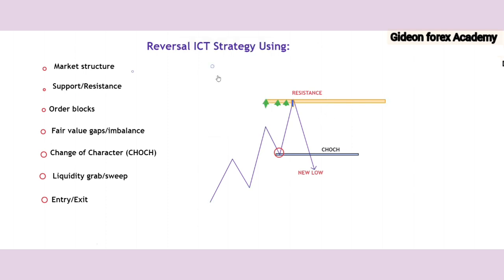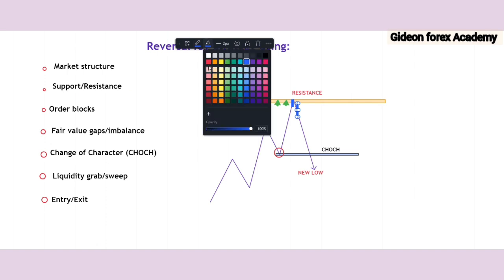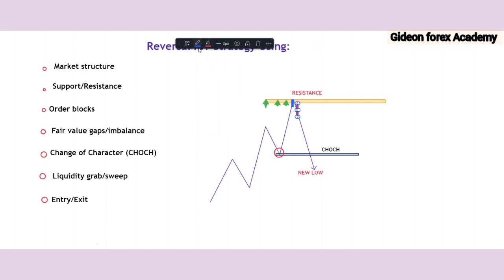It would be our last bullish candle before we see an impulsive, aggressive drop, which forms red candles dropping to the downside. It would be such an aggressive move that causes a change of character.